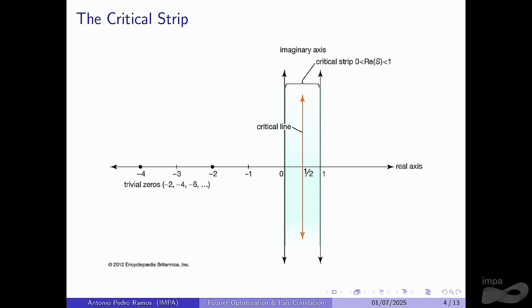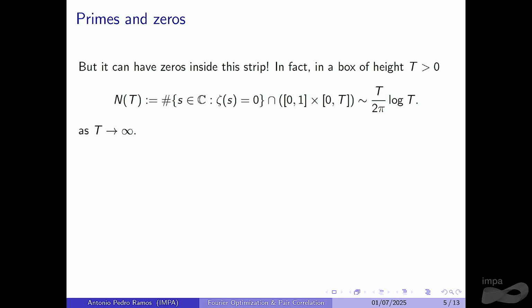You can draw a large box around the strip, a box containing 0 to 1 and going up to a height t. And you do this contour integration, and you get that you can approximate the number of zeros of zeta in this box, and this has to be asymptotically equal to t over 2 pi times log t.